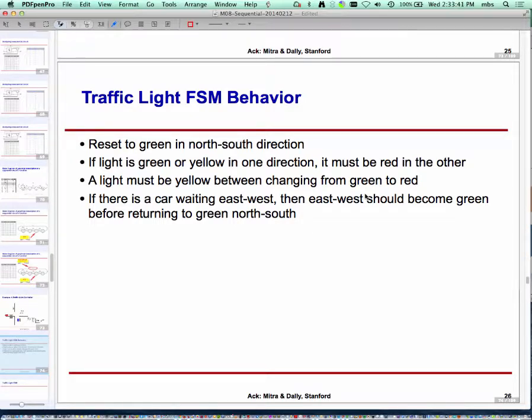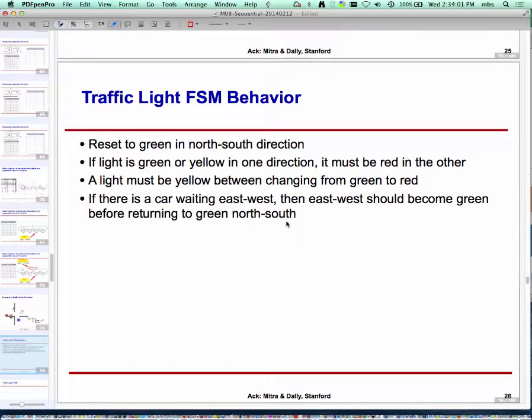So that's another constraint we have. And finally, if there is a car waiting on east-west, so if our sensors indicate that a car has arrived on the east-west route and is waiting, then east-west should become green before we go back to green north-south.